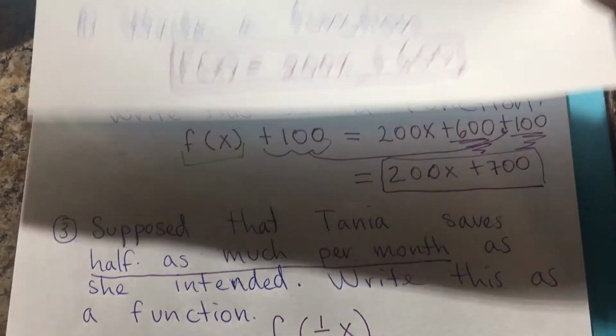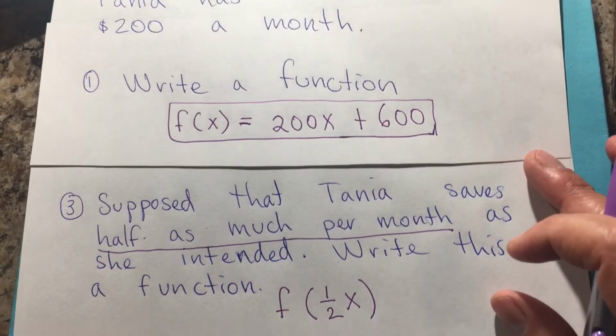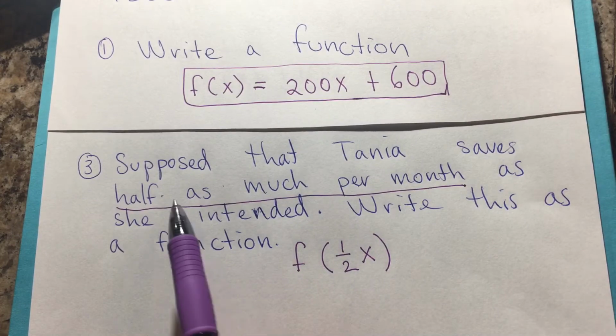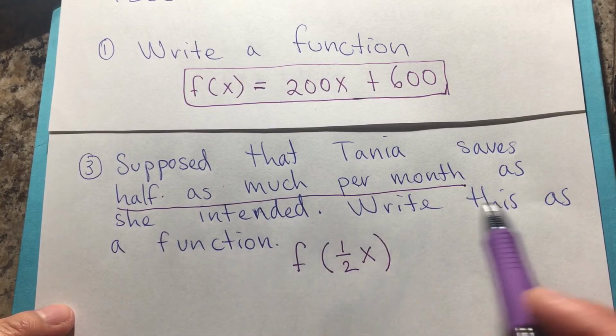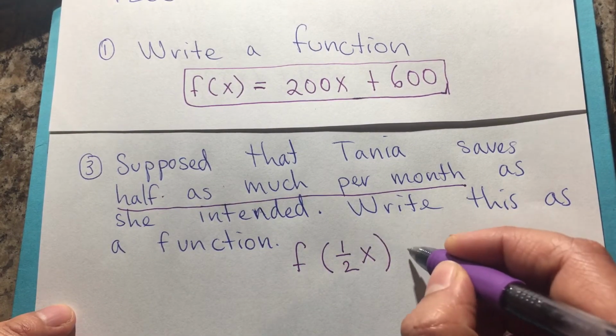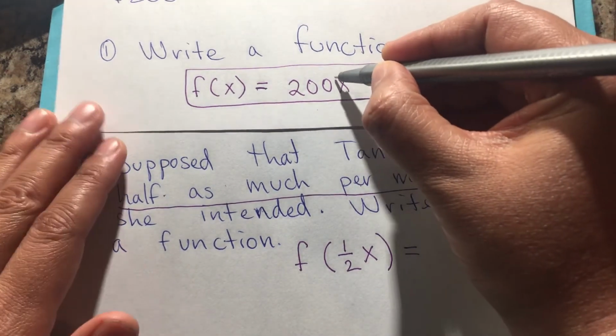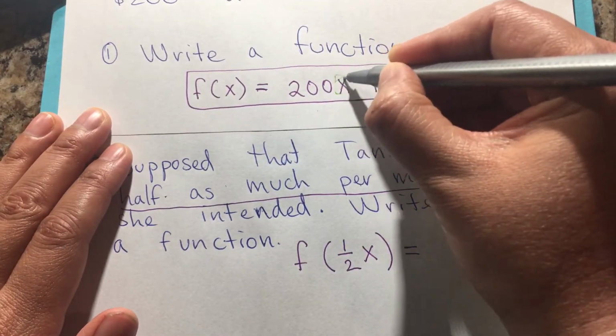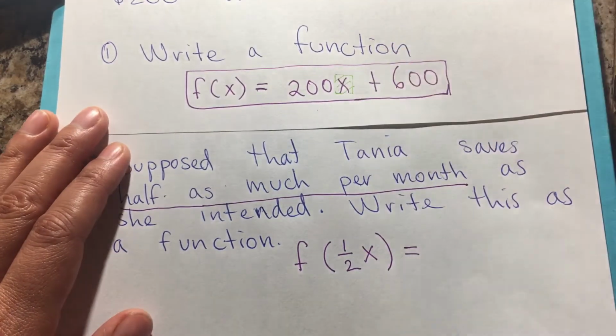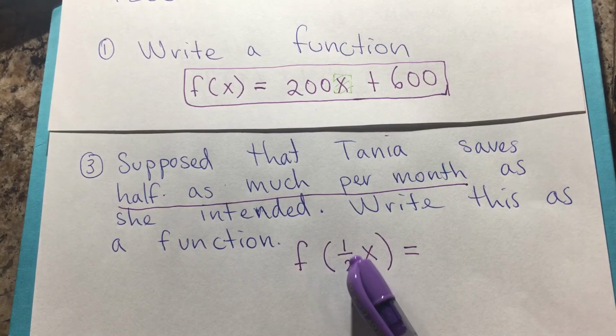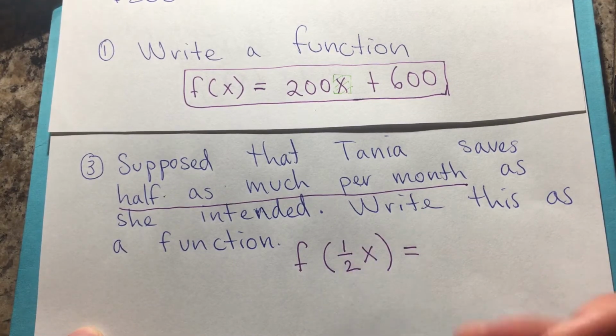For the next one, suppose that Tanya saves half as much per month. Then remember from the previous lesson that what you're doing is taking out the x and putting a parenthesis in there, and that's going to be replaced by this parenthesis.